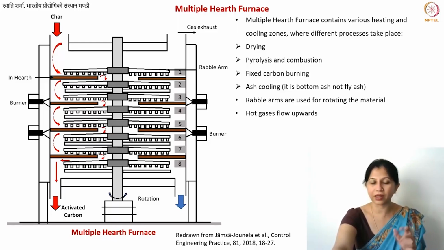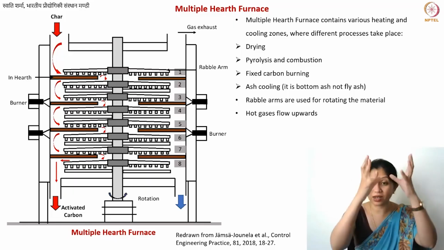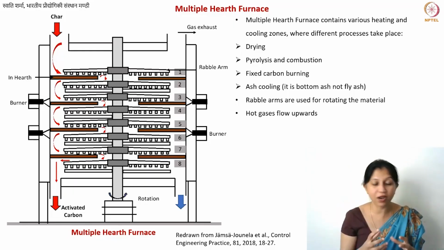So these are some other things that I have already told you. Rabble arms are rotating your material. Hot gases. So here also you're performing the heating by using simple fuels, so hydrocarbon fuels. The hot gases are then flowing upwards. So here also you have a counter flow of heat, similar to a rotary kiln.